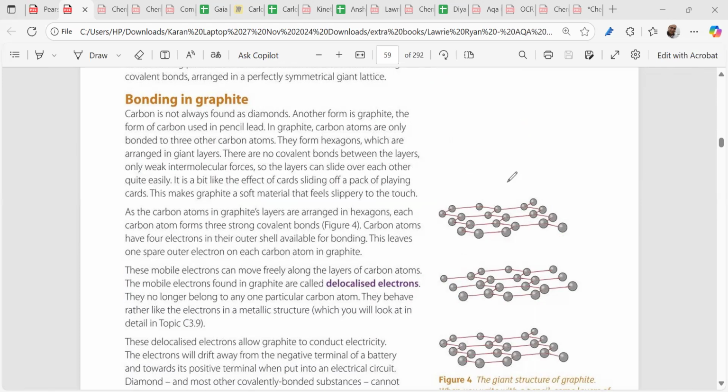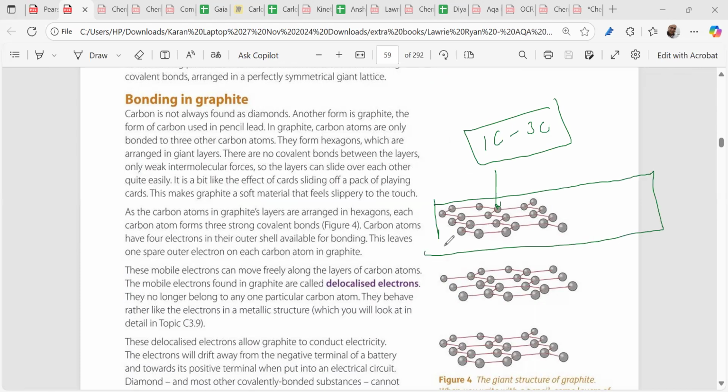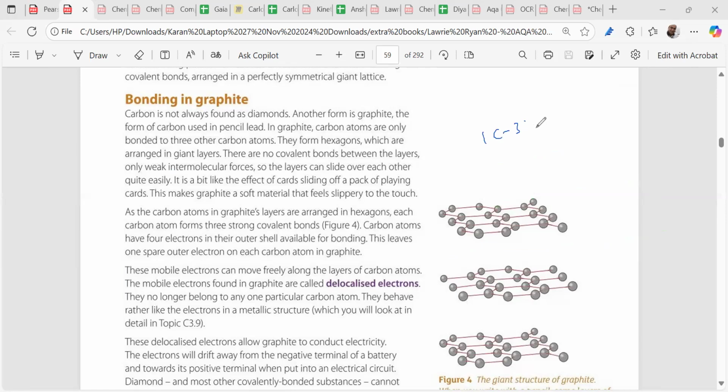Graphene will also have one carbon attached to three other carbons. A single layer of graphite is called graphene. So graphene has the same property of electrical conductivity, a good electrical conductivity, because one carbon is attached to three other carbons in the form of hexagons, in giant layers.